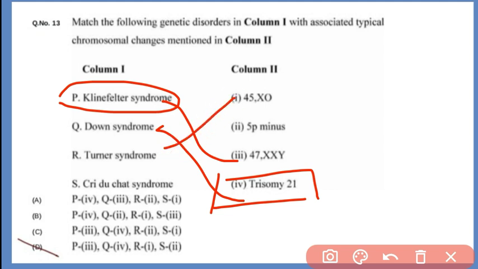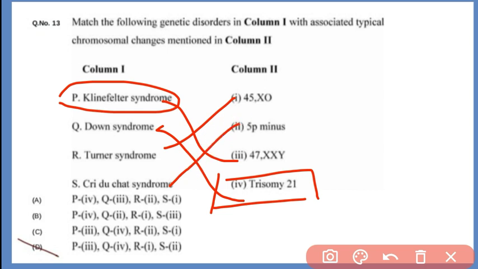Then next, Cri-du-chat syndrome, also known as 5p minus syndrome. It is a chromosomal condition that results when a piece of chromosome number 5 is missing. Infants with this condition often have a high-pitched cry that sounds like that of a cat. So the name for this disorder is Cri-du-chat syndrome. A piece of chromosome number 5 is missing, so 5p minus.